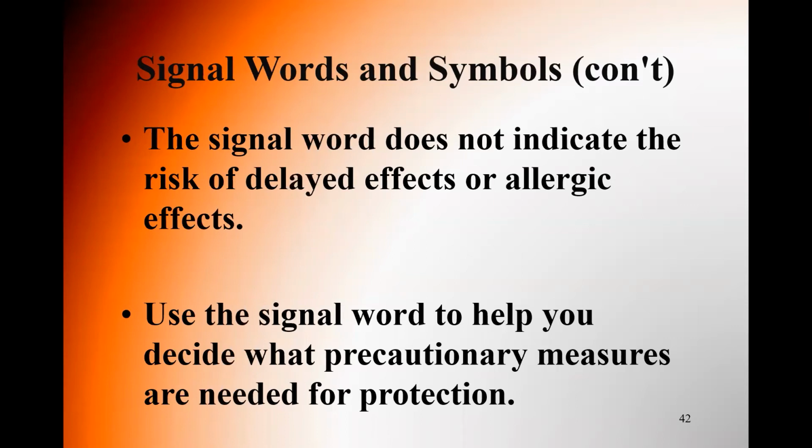Using the signal words helps you decide the precautionary measures that are needed for protection. If this gives you that foreknowledge, if this is saying danger and poison, and you know that you're not a very careful person, maybe you're clumsy, maybe you don't pay attention to detail, then this gives you the indication that you may not want to be using this product.